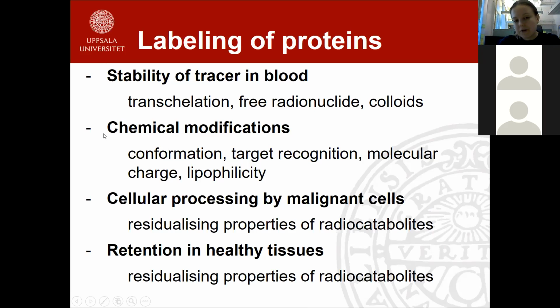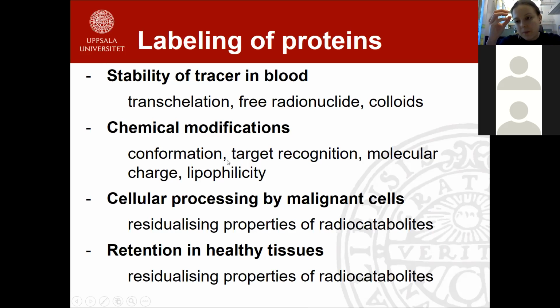A second characteristic is a chemical modification that we introduce to the protein. Of course, when we have a biological protein, we attach a label. It is a chemical modification that can affect the property of the biomolecule. So we have to consider, for example, a conformation of the biomolecule if it changes in some way.